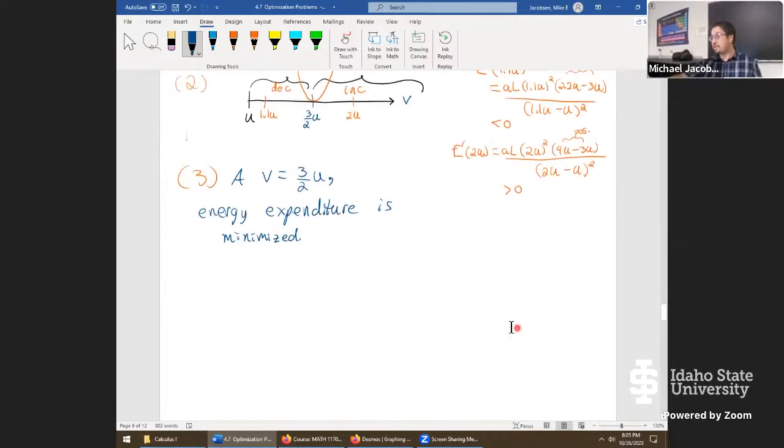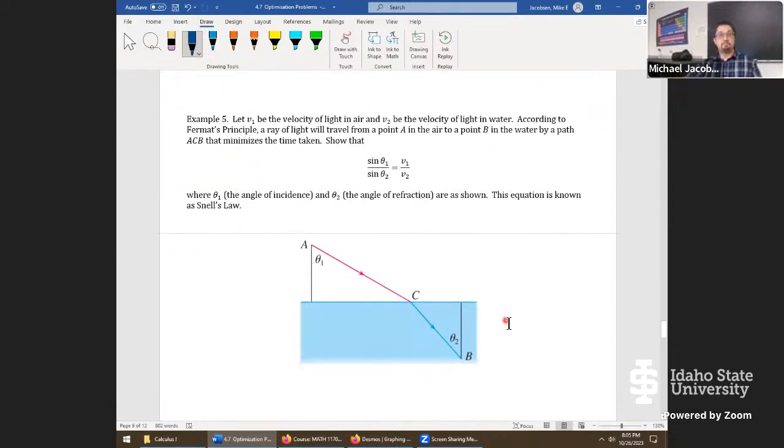The next one, Snell's law, is truly nasty, but it's an important formula. It says if a light goes down like this, hits water, it'll bend. Think of a straw in a cup. It just looks funny. But it turns out what the light is doing is minimizing the path to get from A to B as fast as possible.